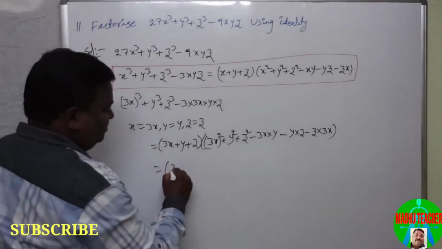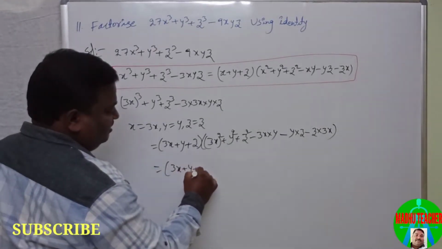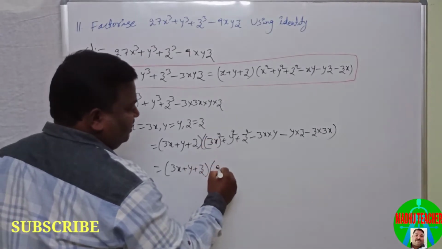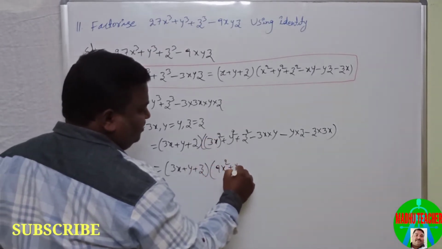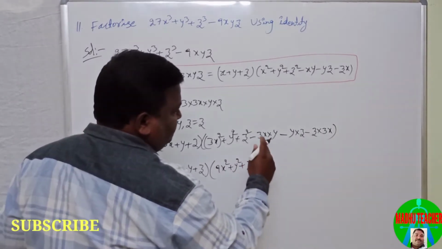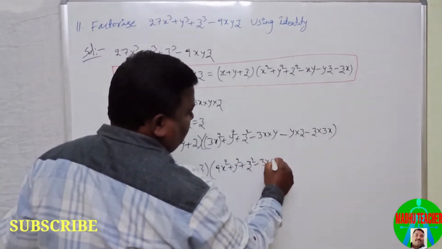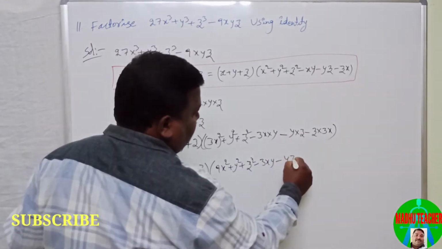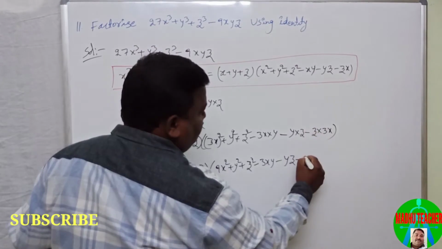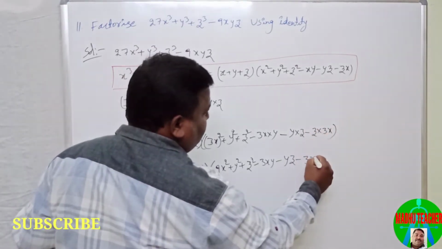So that is 3x plus y plus z into 3x whole square is 9x square plus y square plus z square minus 3xy minus yz minus 3zx, or xz.